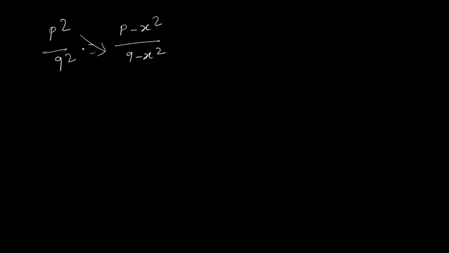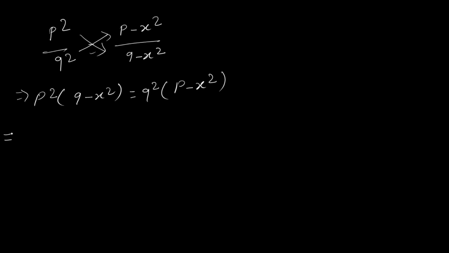Now your favorite thing. What is that favorite thing? Cross multiplication, sir. Right. P square times q minus x square, and here you have q square times p minus x square. Is that right? Right, sir. So p square q minus p square x square equals p q square minus q square x square.